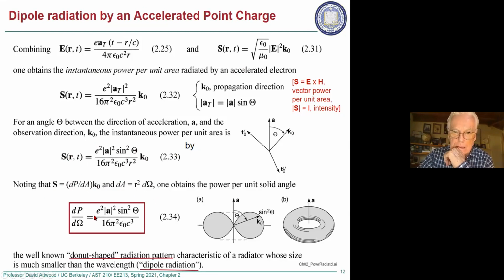And this is what's called dipole radiation, a little electron oscillating with an amplitude small compared to the wavelength. Okay, and so it's quite famous in both electrical engineering and physics. And this is the formula, and we're going to use it many times in the class. So don't throw this one away.